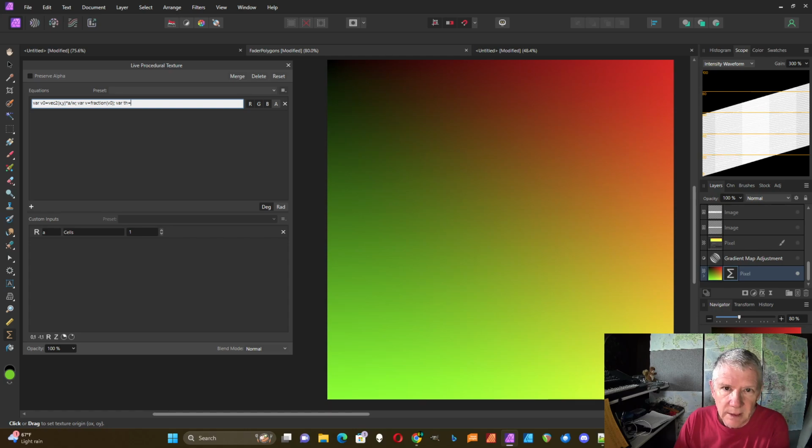It's going to be equal to the arctangent 2 of v dot y and v dot x. So I'm going to take my coordinate vector, look at the y and x components of that, and use that to get my angle theta.